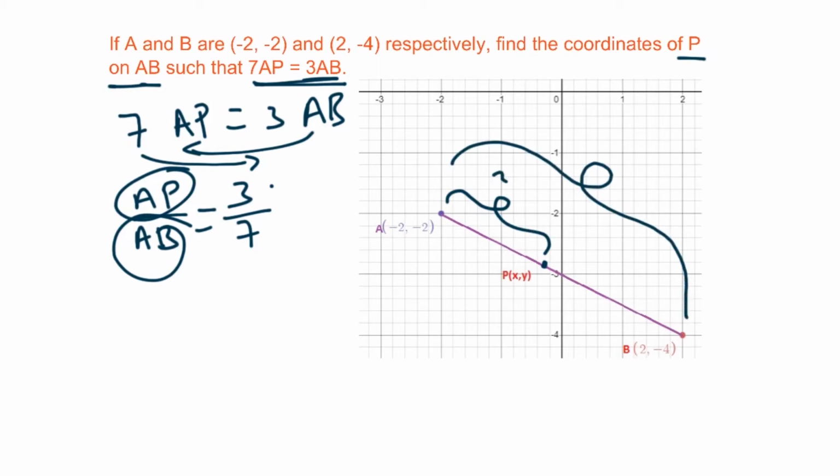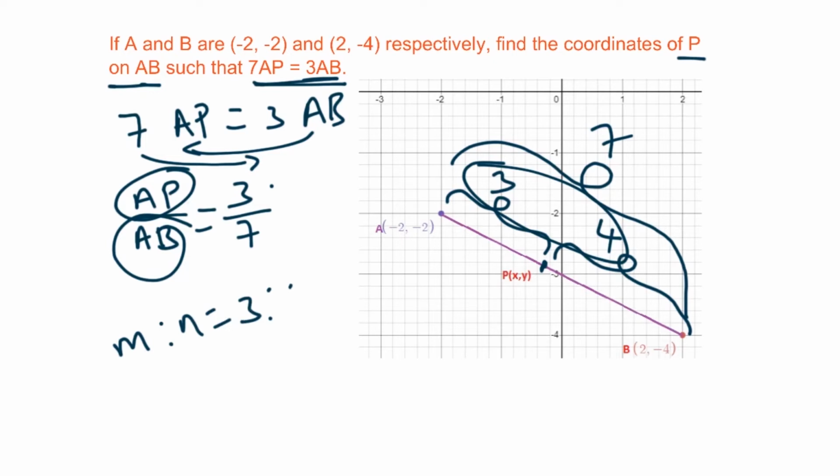So this is 3 and the complete line is 7, so the remaining part is 4. So P is dividing the line segment in the ratio of 3:4. So we can say that M is to N is 3:4. Now we can easily find the coordinates of P using the section formula.